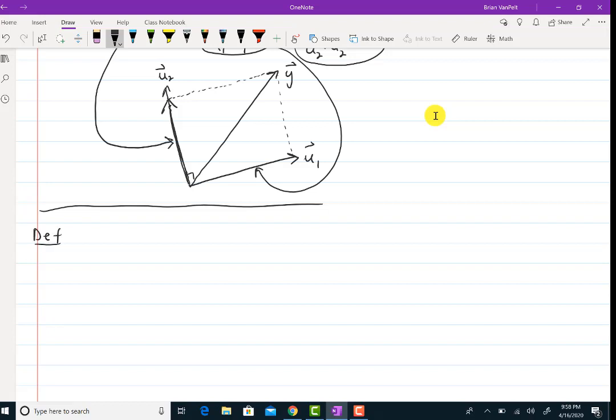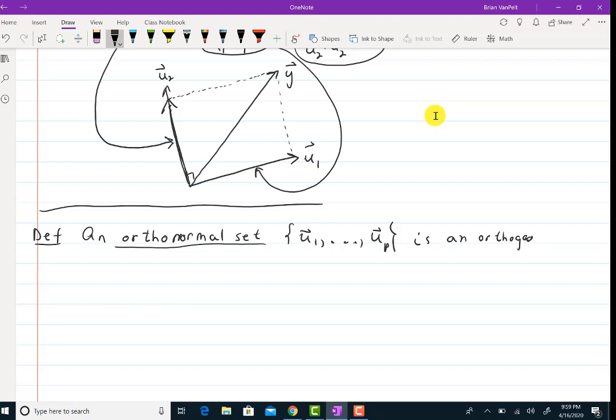Another definition: an orthonormal set is an orthogonal set, oops, I made a mistake there.